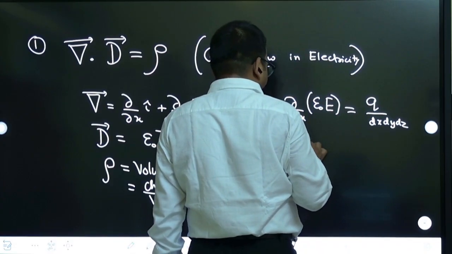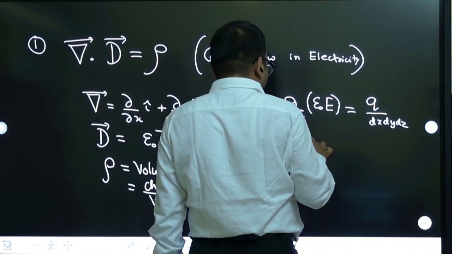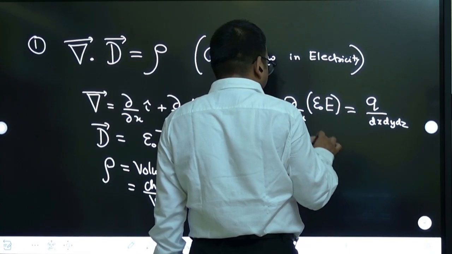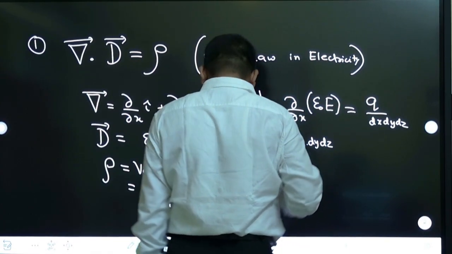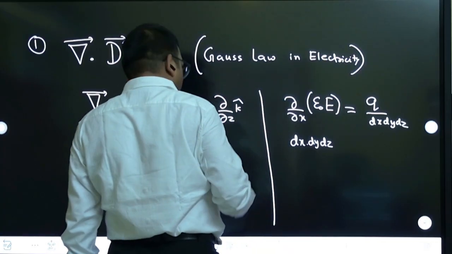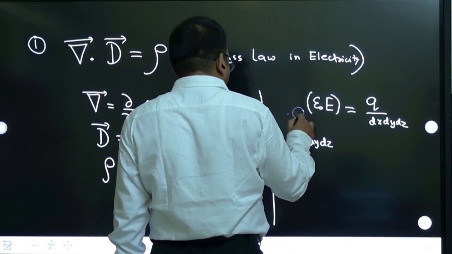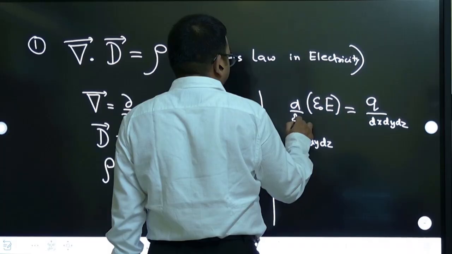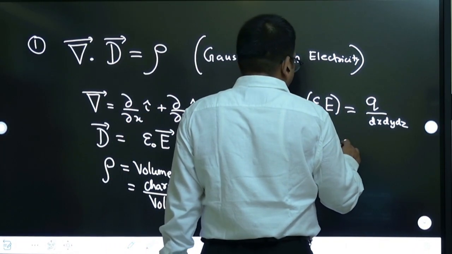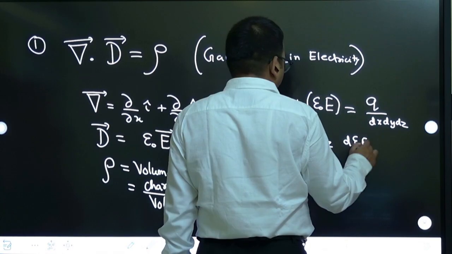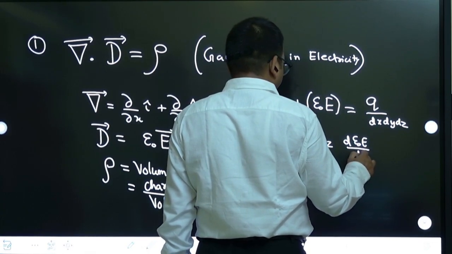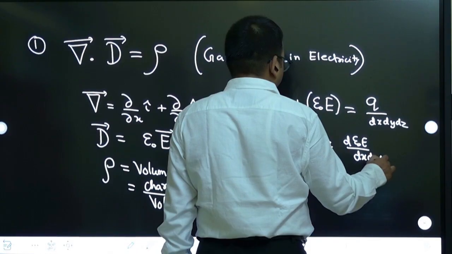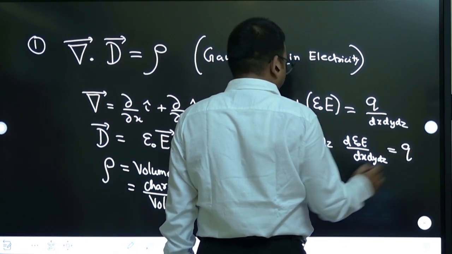Now this I will multiply. So dx, dy, dz get multiplied, and this partial differentiation can also be written as a single differentiation, d by dx. So d of epsilon naught E by dx, dy, dz is equal to charge.